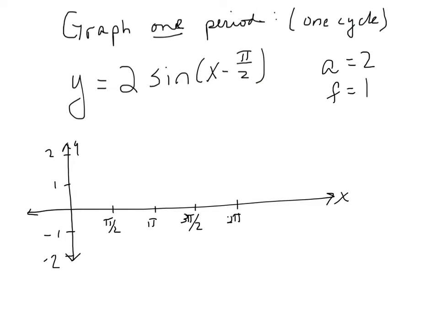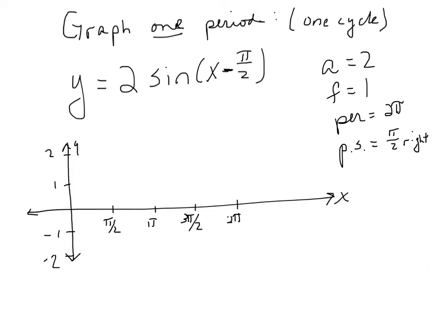And so I know then that my period is equal to 2 pi, because period is 2 pi divided by frequency, and because the frequency is 1, remember that's the coefficient on the x. Now I do have a phase shift, and we just abbreviate that PS. Because it's a minus pi over 2, remember I take the negative of that term. So the phase shift is going to be pi over 2 to the right.